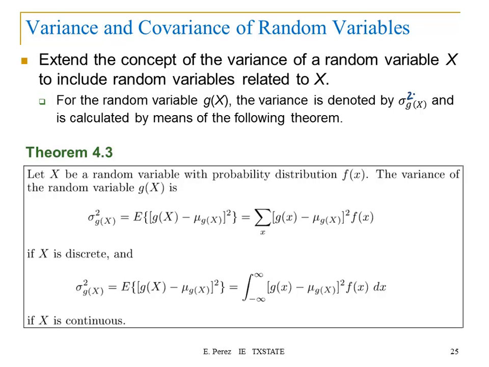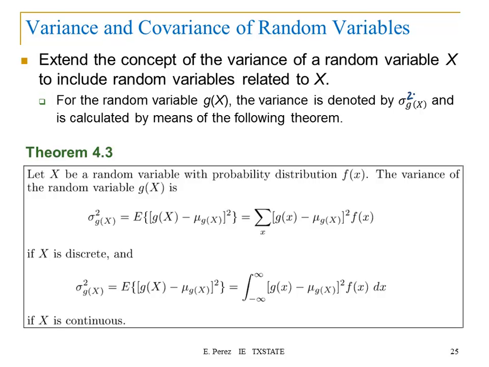When you have a function defining your random variable, remember 3 times x minus 1, something that basically adds something to the random variable, we can use this theorem to compute the variance.